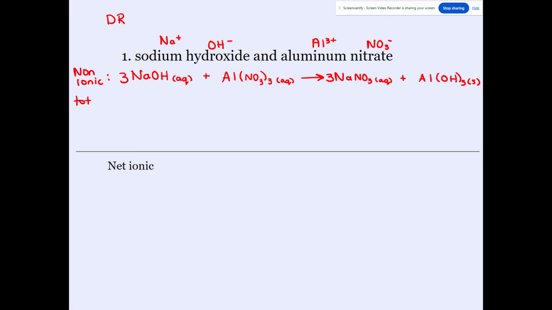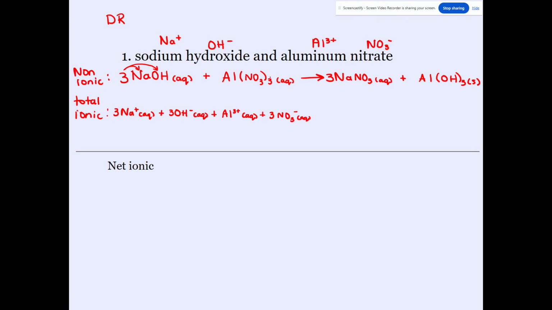Now we can write our total ionic. So I have a 3 in front of this soluble ionic compound, so it's going to dissociate into 3 free Na+ aqueous and 3 OH- aqueous. My next compound is also a soluble ionic compound, so it will also dissociate into Al3+ aqueous and 3 NO3- aqueous, right?